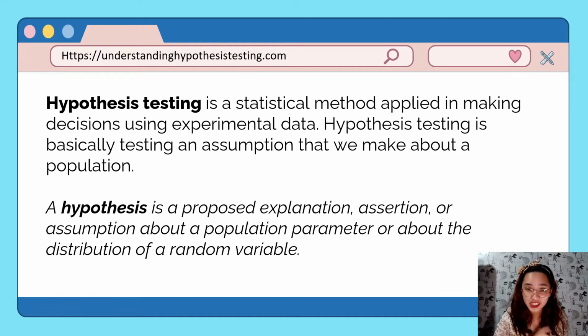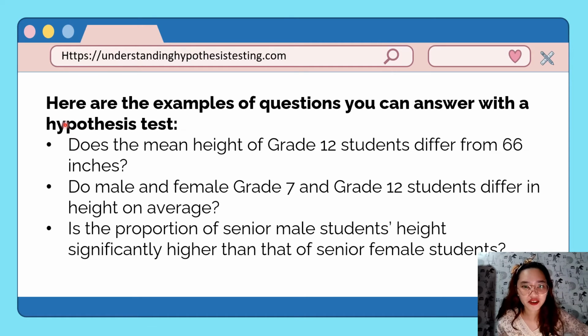And that claim or assumption is what we call our hypothesis. A hypothesis is defined as a proposed explanation, assertion, or assumption about a population parameter or about the distribution of a random variable. Here are some examples of questions that we can answer with hypothesis tests.